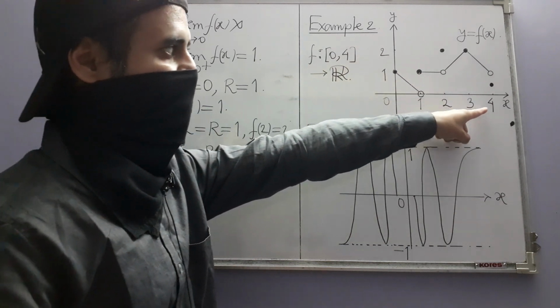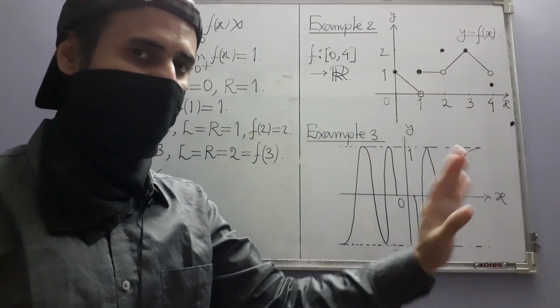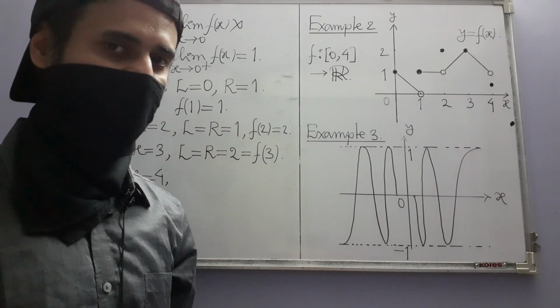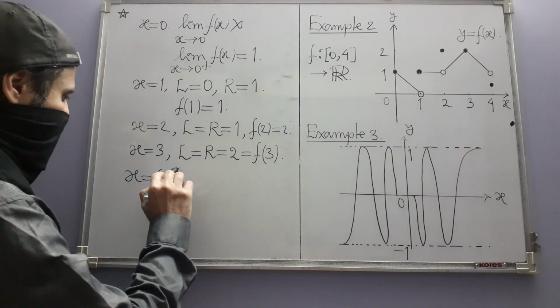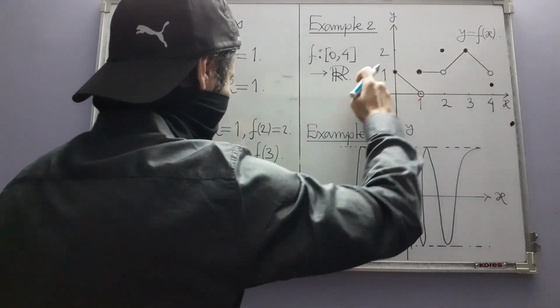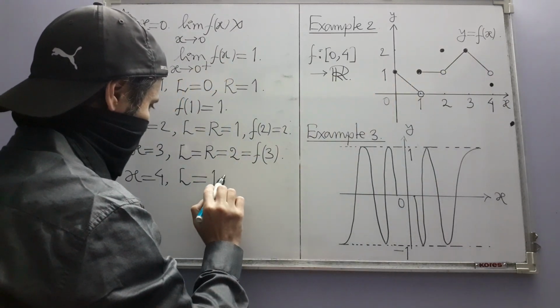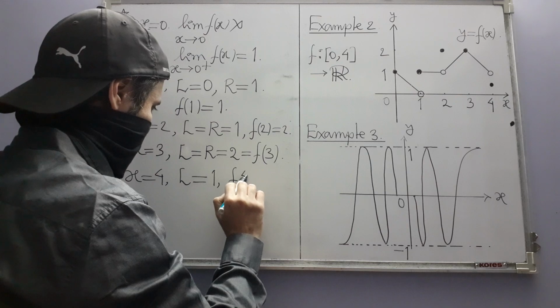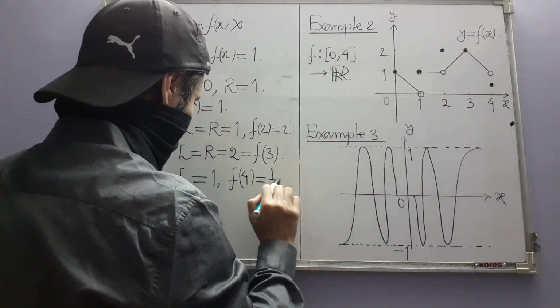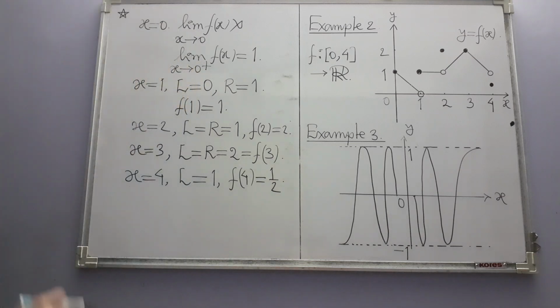So here we can only talk about the left hand limit, not the right hand limit, and as a result the ordinary limit also does not exist. The left hand limit is what? 1, but that is not equal to the functional value, which happens to be 1/2.